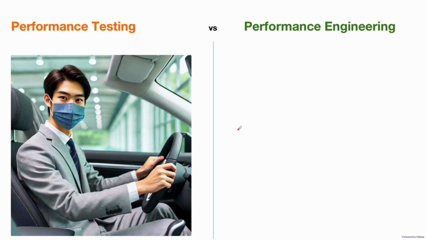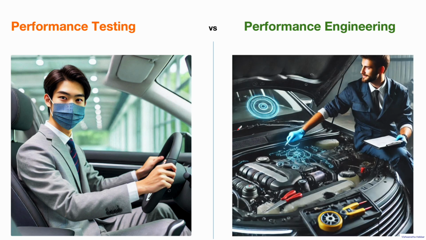In performance engineering, you will be identifying the root cause and fixing the problem. Here performance testing is like identifying a problem, and performance engineering is you identify the root cause of the problem, find the solution and fix the problem. Performance testing is the process of evaluating the system speed, scalability and stability under different conditions.